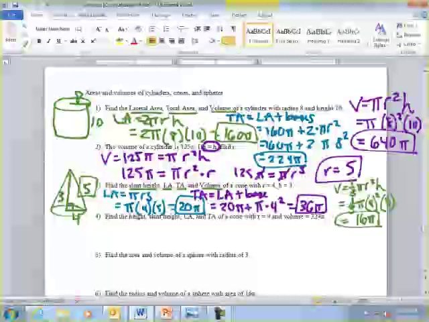Number 4, we have a cone again. This time we want to know the height, slant height, lateral, and total. We're given a radius of 9 and a volume of 324 pi.